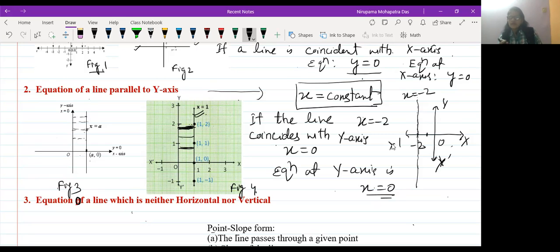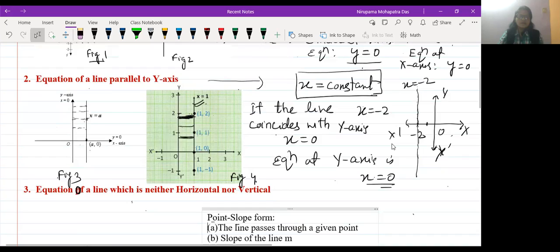So in these two cases we have studied, the equation of the x-axis is y equal to 0 and the equation of the y-axis is x equal to 0. If the line is parallel to the x-axis, the equation is y equal to constant. And if the line is parallel to the y-axis, its equation will be x equal to constant. Is it clear? So you can visualize this from these figures.